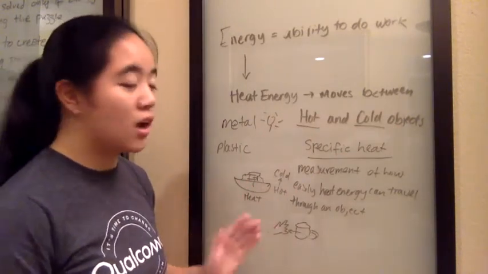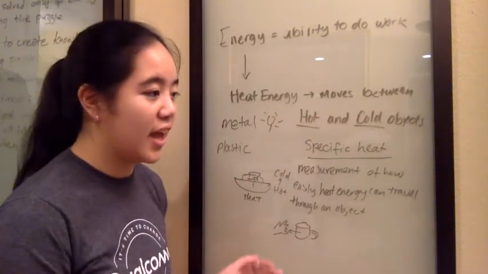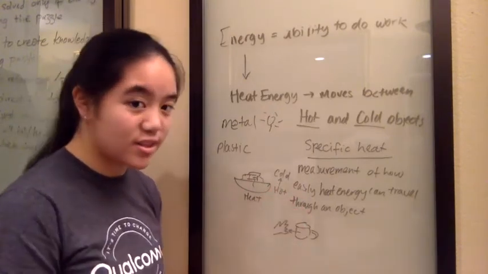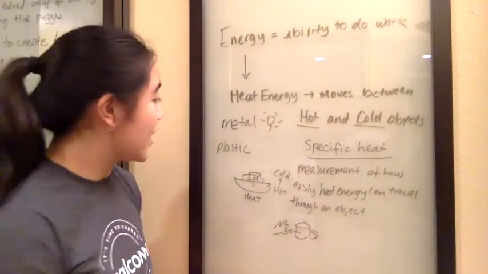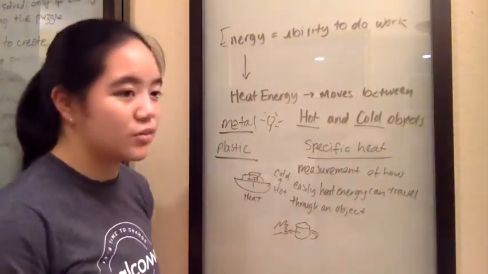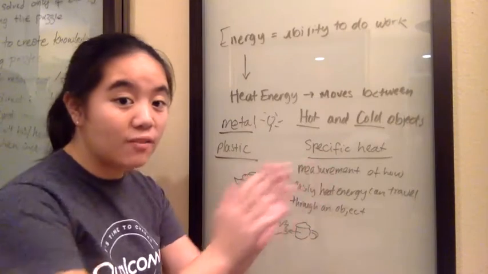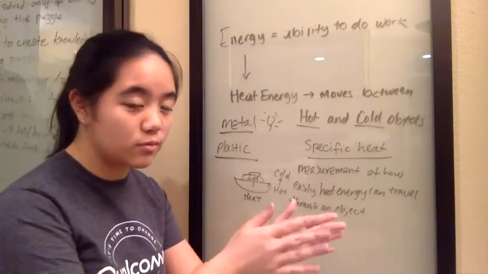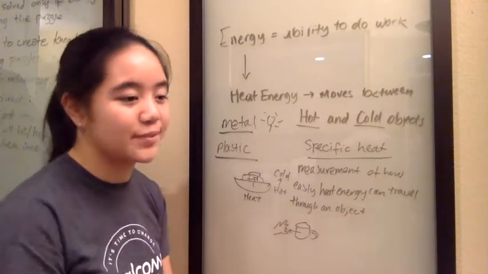And then certain objects can allow heat to travel better than others. So we looked at metal and we looked at plastic today. And metal actually allows heat to travel very easily, versus plastic cannot allow heat to travel as easily.